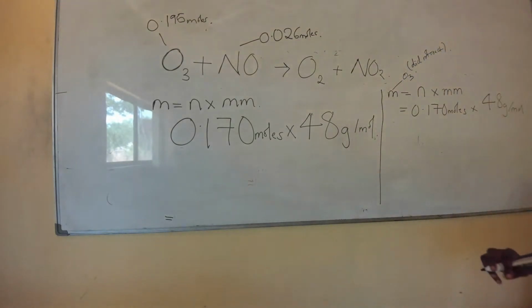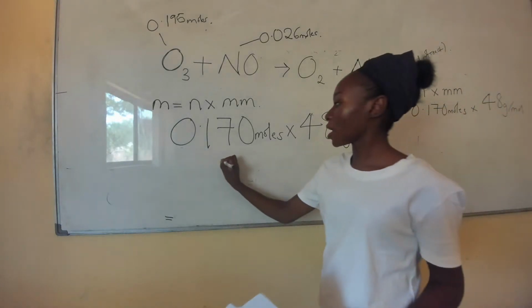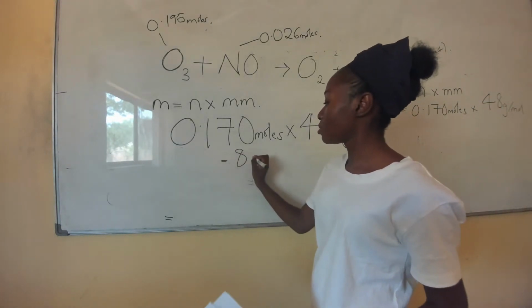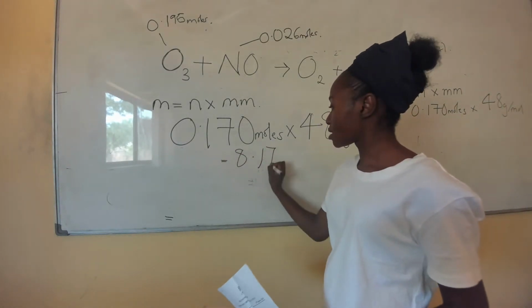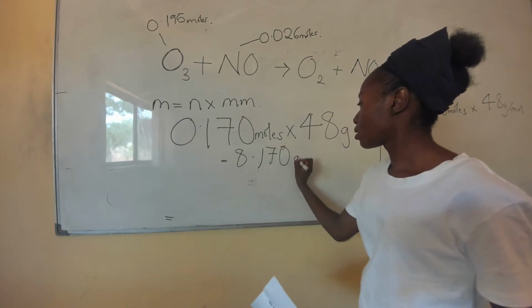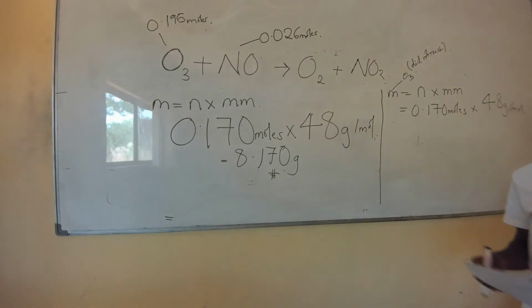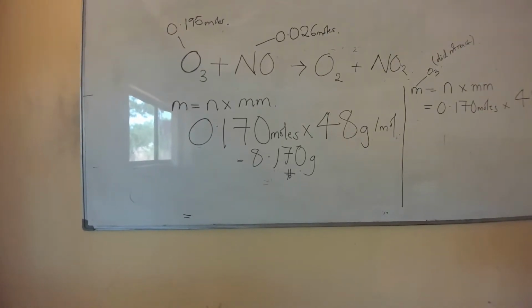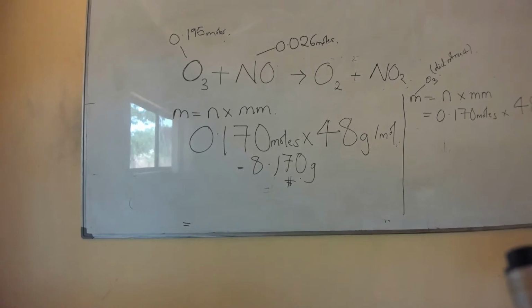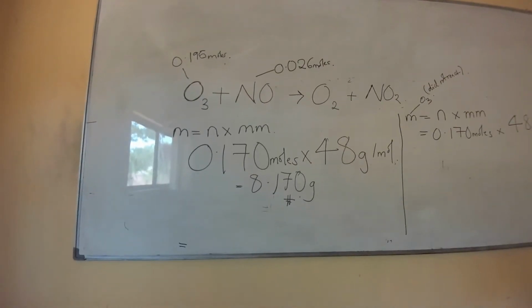So after doing our calculations, we'll find that the mass will simply be 8.170 grams. So you find that the mass is 8.170 grams.